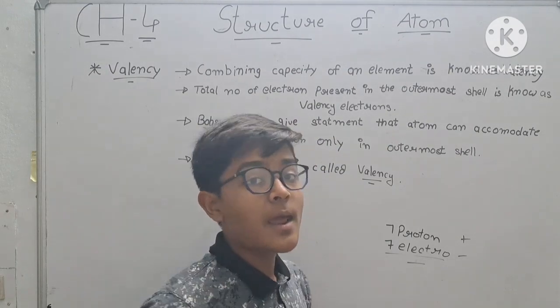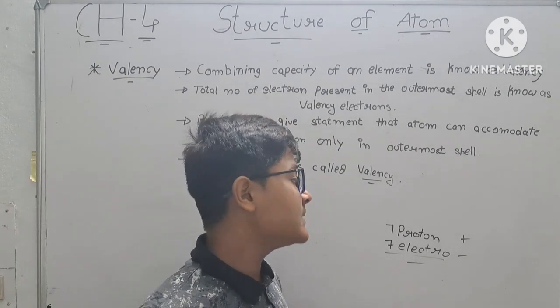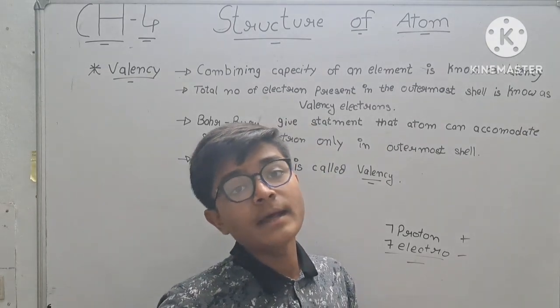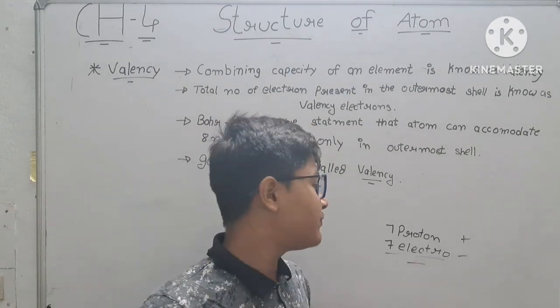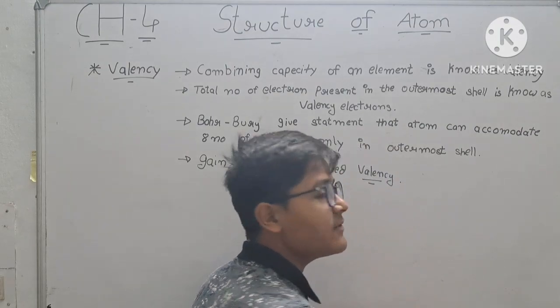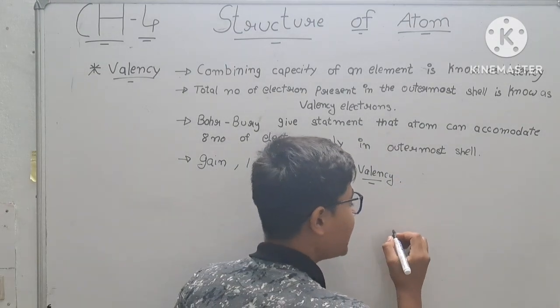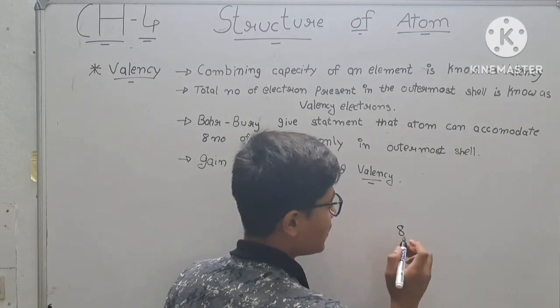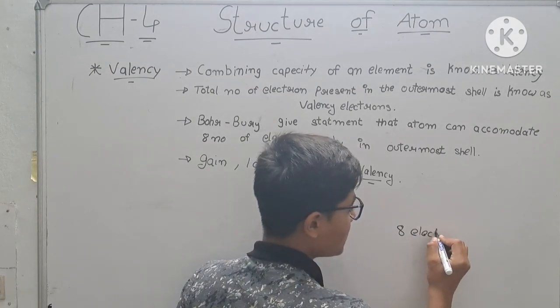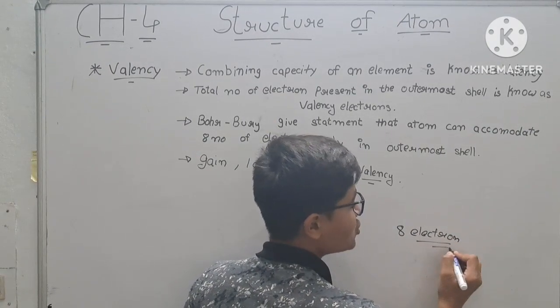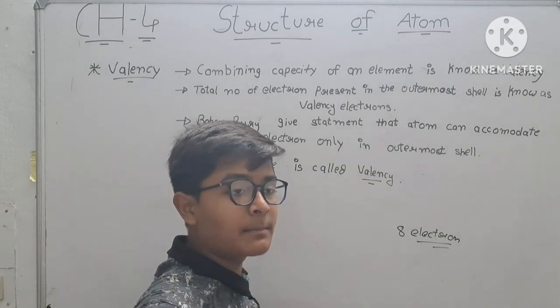So it is neutral. But we also know that atom is stable. And let's see an example, if atom has 8 electrons, okay, 8 electrons, so it will definitely have 8 protons.